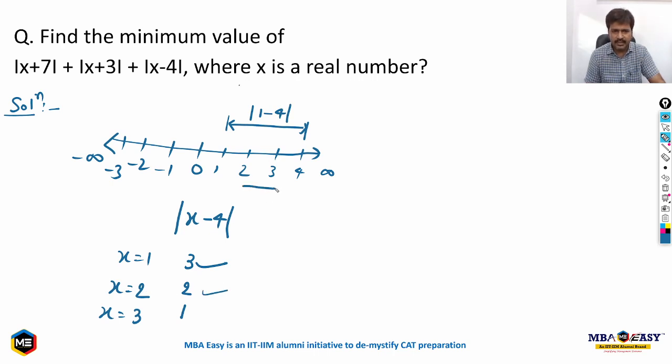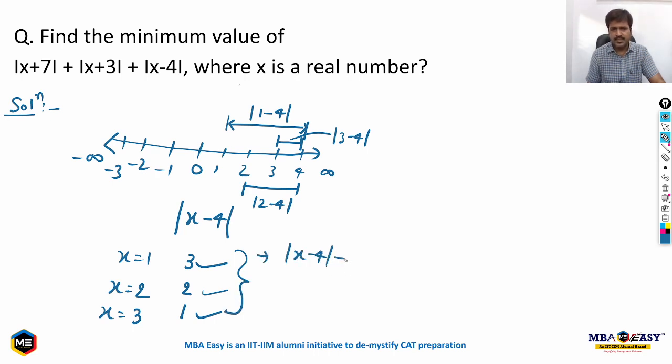So the distance between 2 and 4 is 2 units. So this is mod of 2 minus 4. Similarly, if you are taking x as 3, the value is coming out to be 1. So taking x is equal to 3, what does this mean? It tells us the distance between 3 and 4. So this is mod of 3 minus 4. And this holds true for all x.